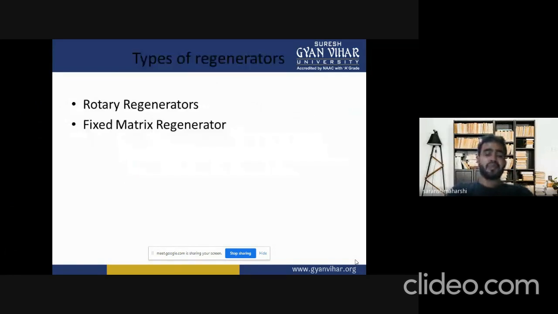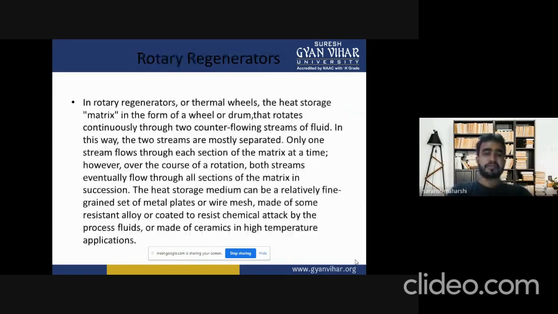Types of regenerators. Here we discuss two types of regenerators: rotary regenerators, and fixed matrix regenerators. First of all, rotary regenerators.